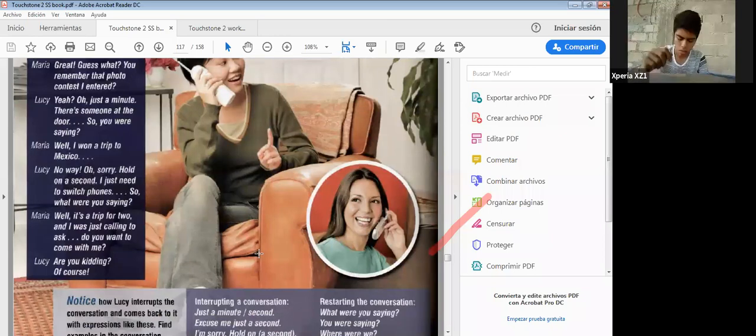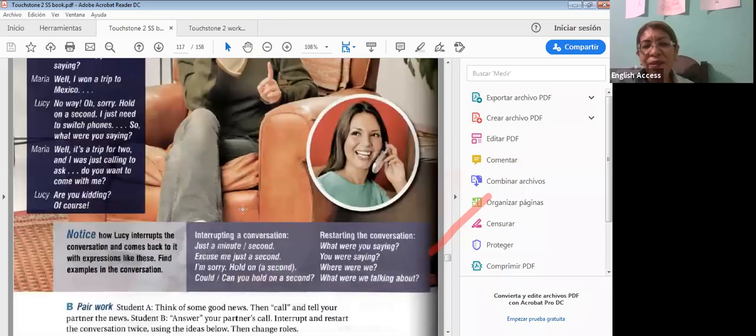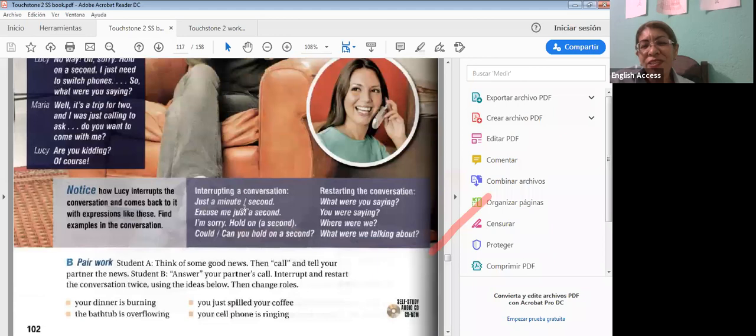But you didn't restart the conversation either. You didn't use the expressions. We have the expressions here. What were you saying? Where were we? What were we talking about? So once again, you are not following the instructions. Try to read the instructions carefully.